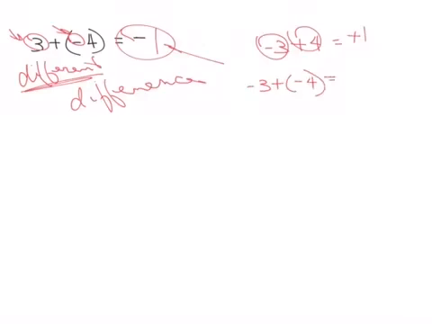Negative 3, negative 4. The negative 4 is the biggest, going to have a negative. If the signs are the same, you add the numbers and you're done. Okay? So, 2 rules. If the signs are different, you take the difference between the two numbers. If the signs are the same, you add them. Those are the 2 rules. That is it.